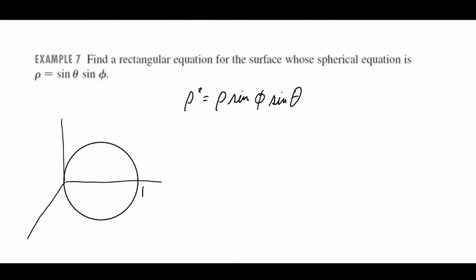And then what is rho squared? x squared plus y squared plus z squared, also known as the super Pythagorean theorem, and the right hand side happens to be y now, isn't it? Bringing it over and completing the square. And then this, right? Obviously, too much algebra? You feel it?